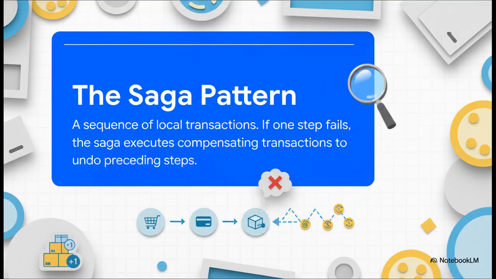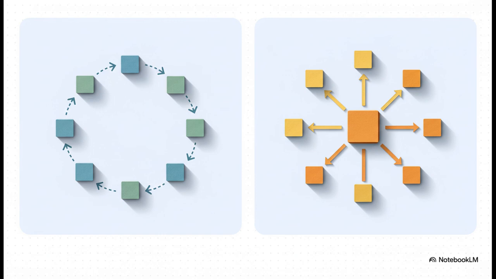See, instead of one giant, risky transaction, a saga is a chain of small, independent, local transactions. Now, the magic here is in what we call compensating transactions. You can think of them as these super precise undo buttons for every single step. So if the payment service fails, a compensating transaction automatically kicks in to tell the inventory service, hey, put that item back on the shelf. Now, you can run your sagas in 2 main ways. First is choreography.